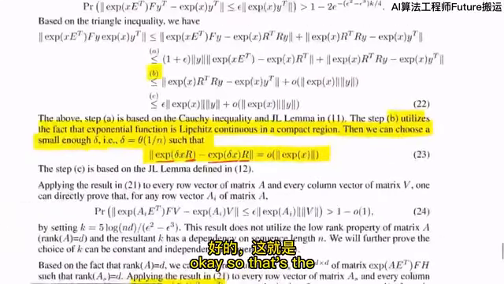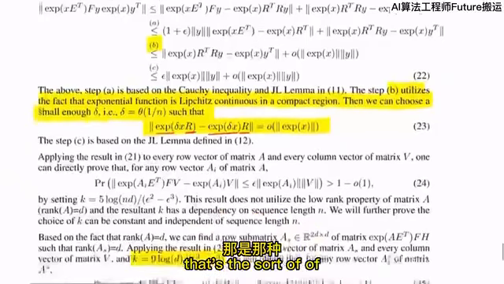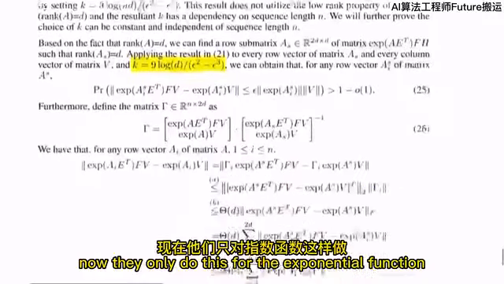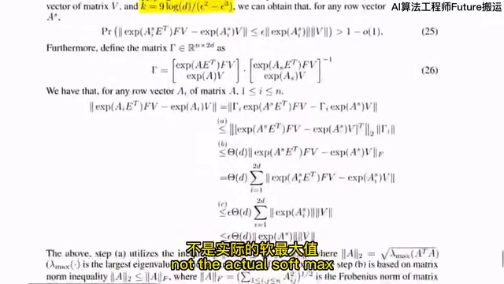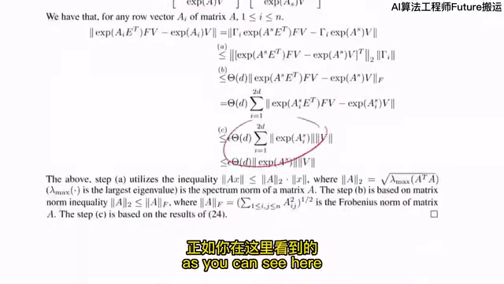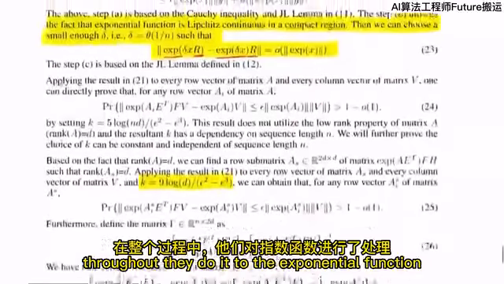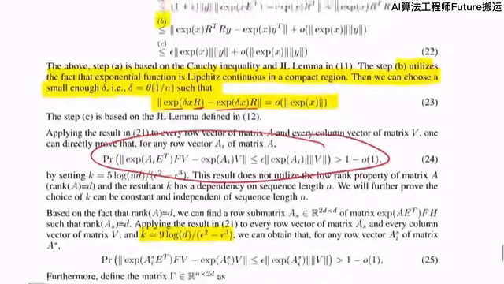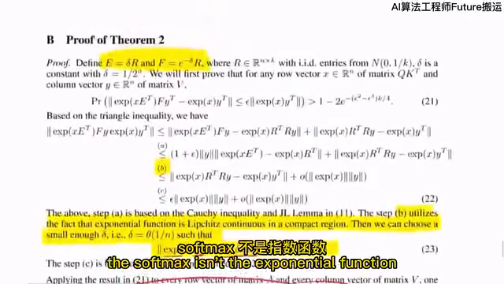Okay, so that's the sort of catch here. Now they only do this for the exponential function, not the actual softmax. As you can see here, throughout they do it to the exponential function, and also here in their statements. The softmax isn't the exponential function.